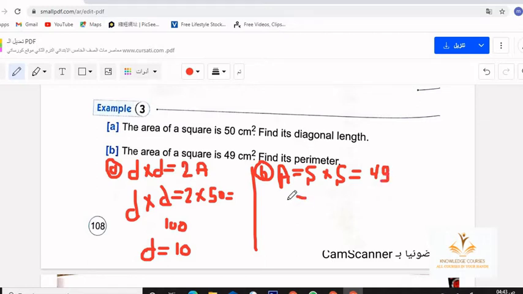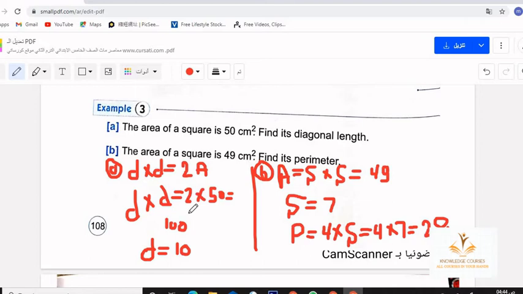So S equal 7. Perimeter equal 4 multiply S equal 4 multiply 7 equal 28. Understand?